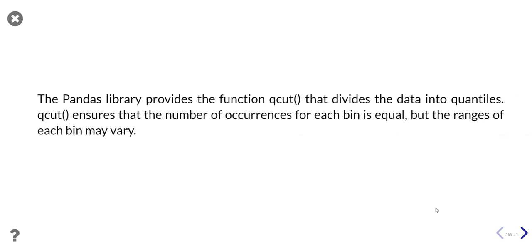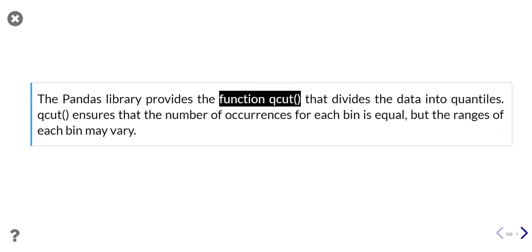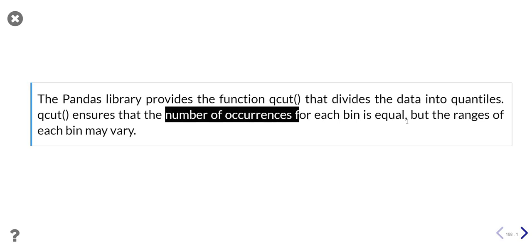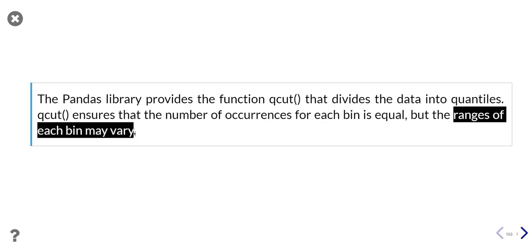The pandas library also provides another function known as qcut, which means quantiles. Earlier we have seen the quantiles, right? It automatically divides the data into quantiles. qcut ensures that the number of occurrences for each bin is equal, but the range of each bin may vary.